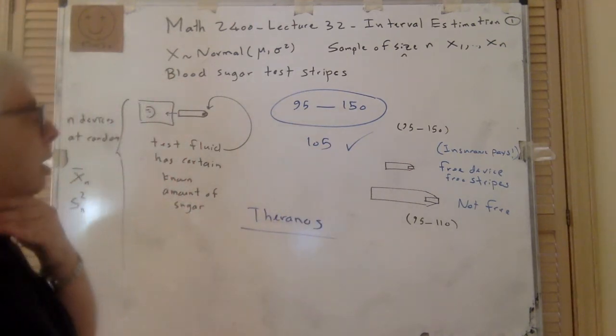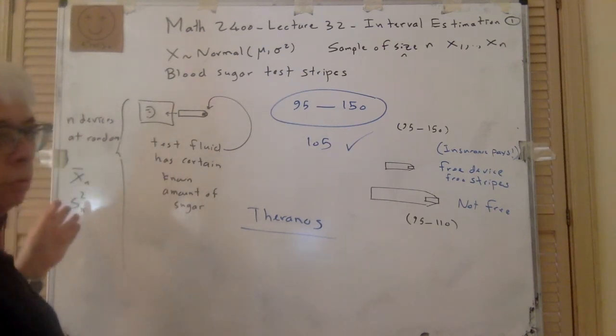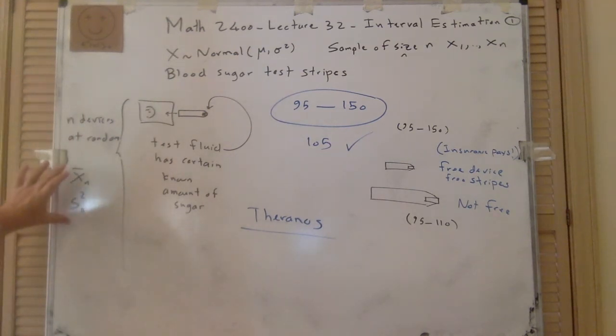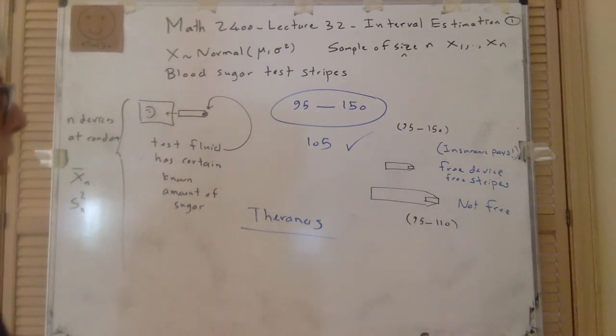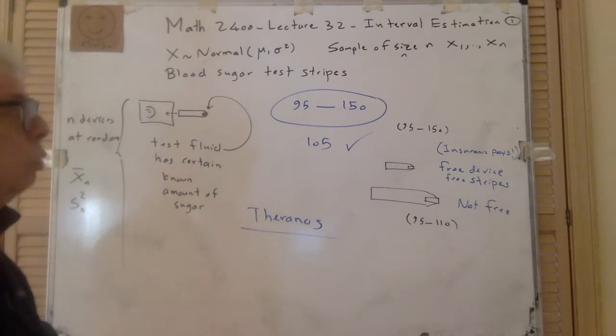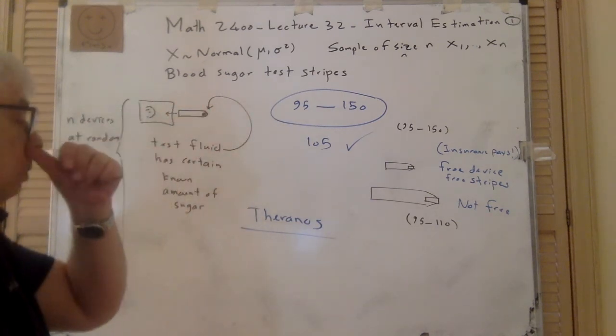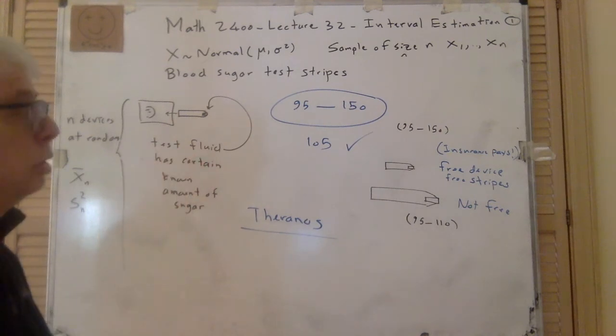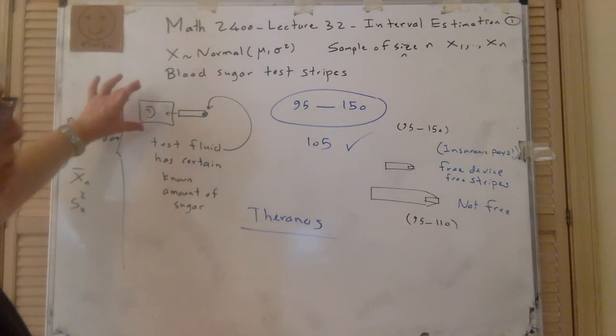You can see that as n gets larger and larger, you will definitely get a much better reading and a much better confidence interval. In fact, that's what happens, and in my opinion, every medical device should give that confidence interval if it's reading something.